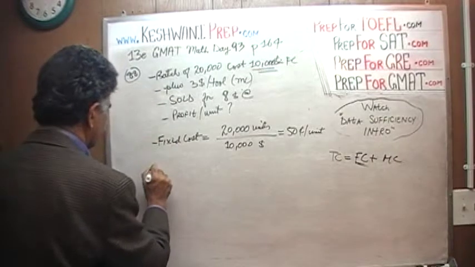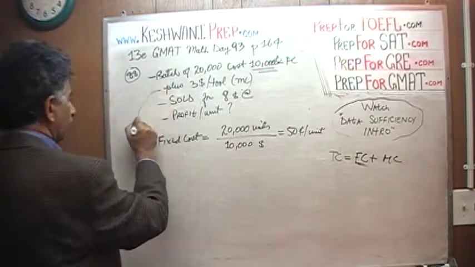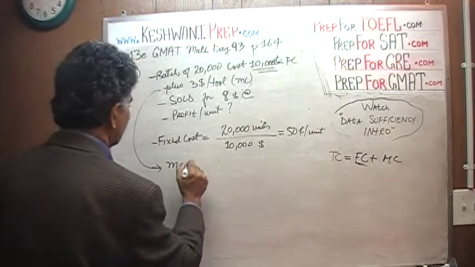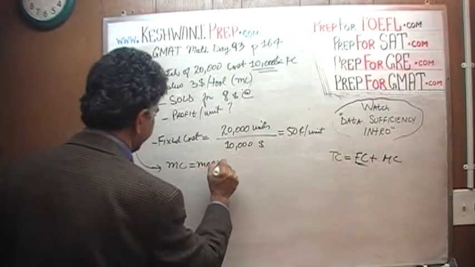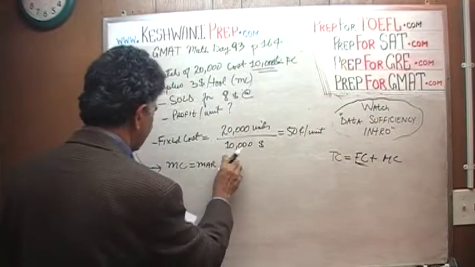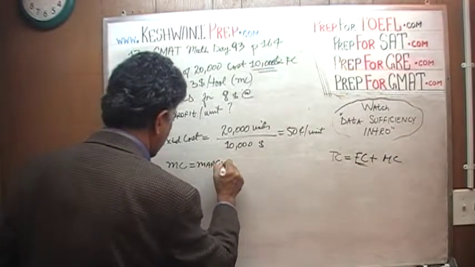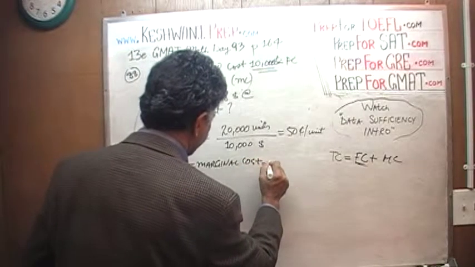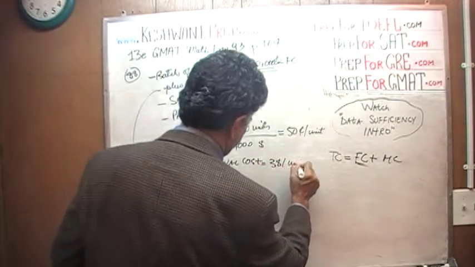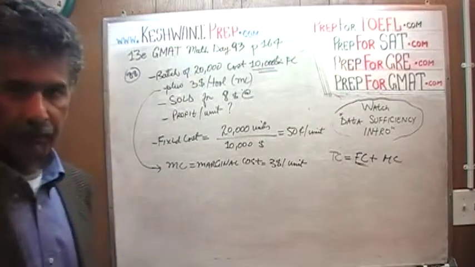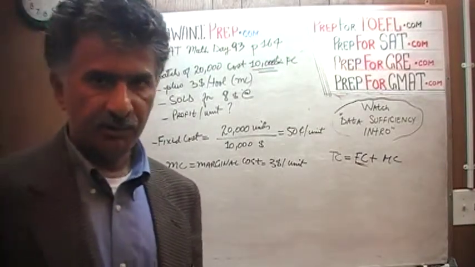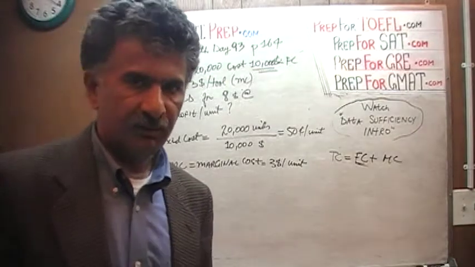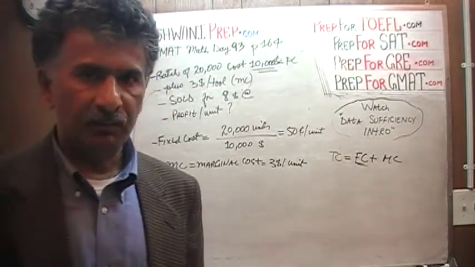They also tell us that the marginal cost is $3 per unit. I hope everybody who is watching is familiar with the concept of marginal cost, which is the additional cost per unit as you start making it, typically the cost of the material.